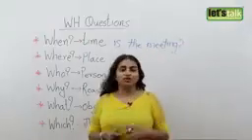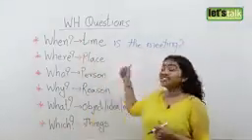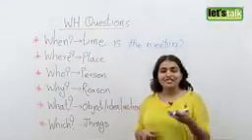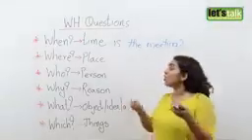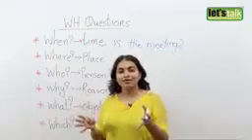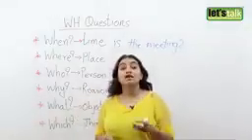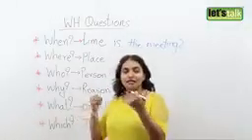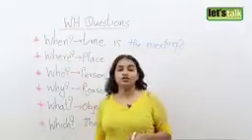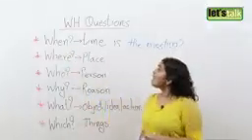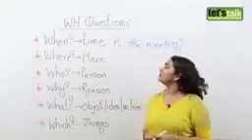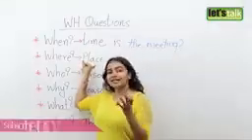If you are a school student, you could say, when is the next class? When is the next test? So it always talks about time. So when you want to get information about the time of a particular event, that's when you always use the word when.